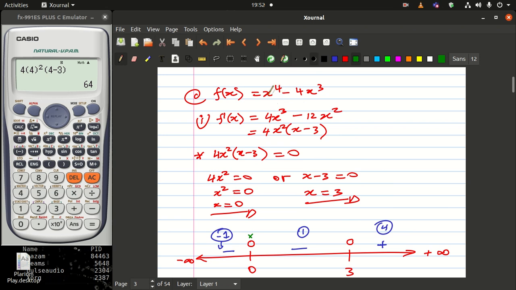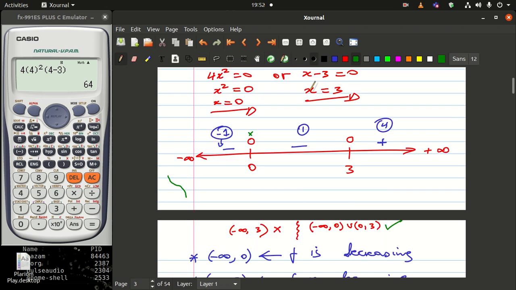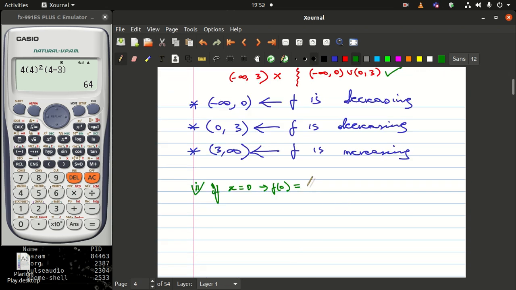So if I'm plugging in a 0 here and a 0 here, we're having a 0. In this particular case, all you need to say is that no local minimum, and no local maximum.